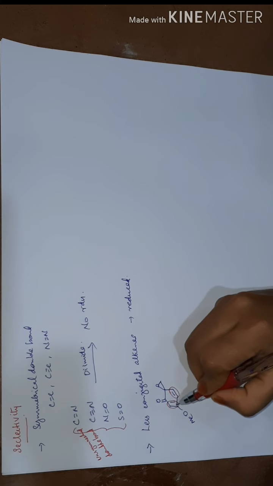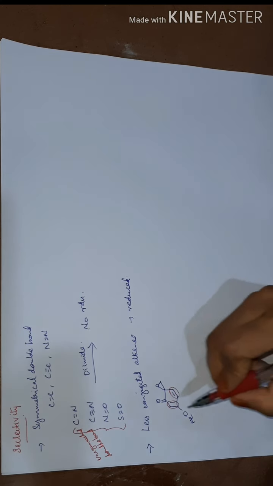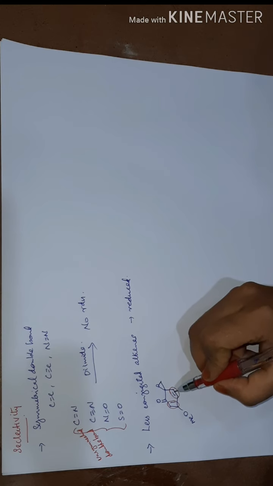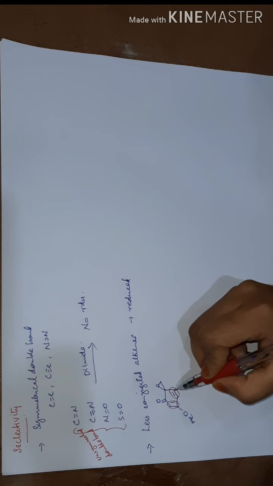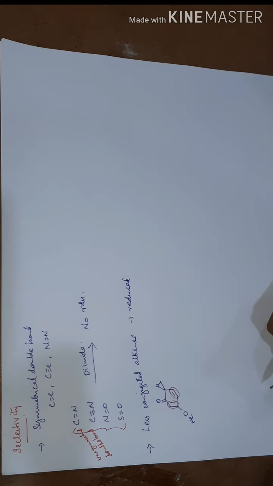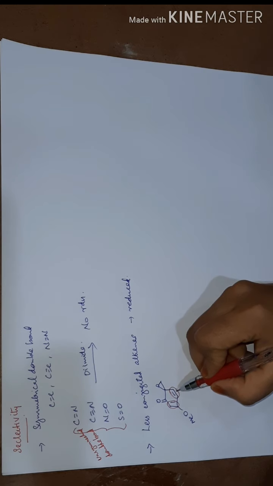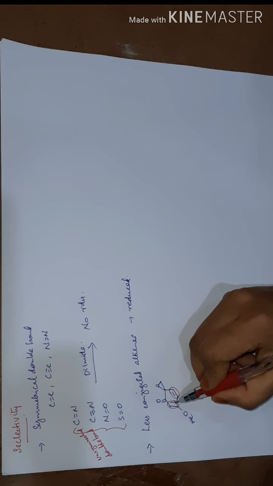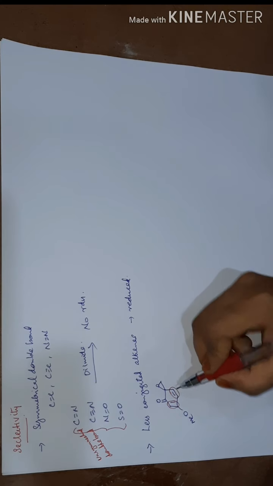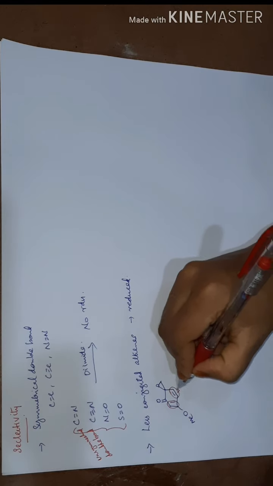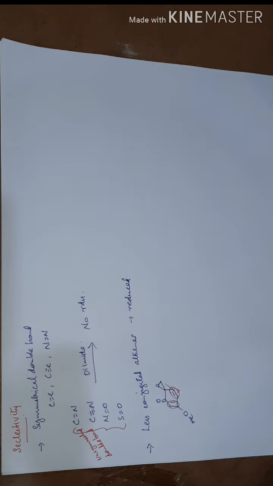So it has the possibility of conjugation on either side, that is, either to this C double bond C or to C double bond O. But in the case of this double bond, it has only one chance of conjugation, so comparing these two double bonds, the less conjugated alkene is this one.